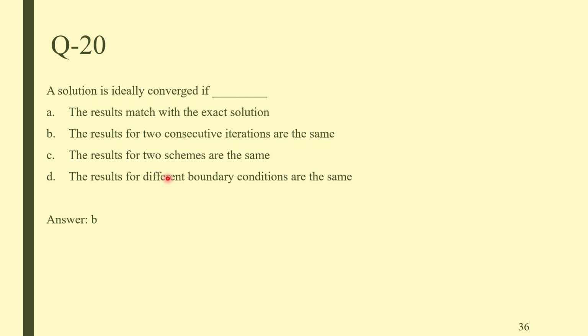We define a certain parameter like error, calculated between two time steps and two iterations, and if it is below a certain tolerance value, we call the system a converged solution. Similarly, if the results for two consecutive iterations are same, the solution is ideally converged.